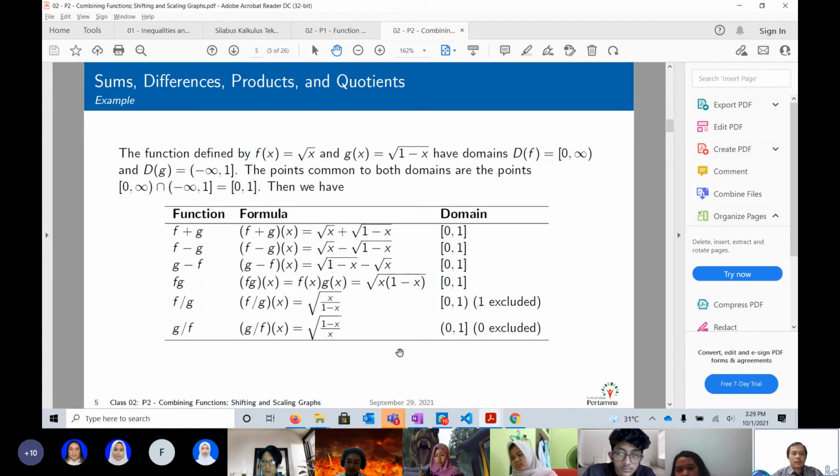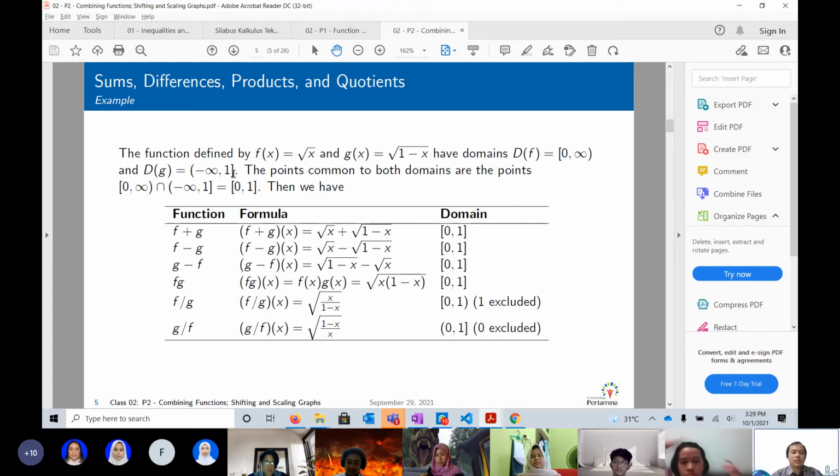Let's take a look at the example. Let's say we have f of x equals square root of x, g of x equals square root of 1 minus x. In this case, the domain of f is from 0 to infinity. The domain of g is from minus infinity to 1.